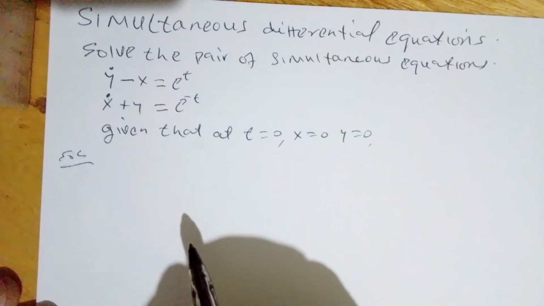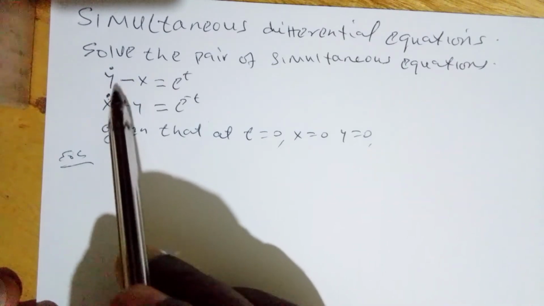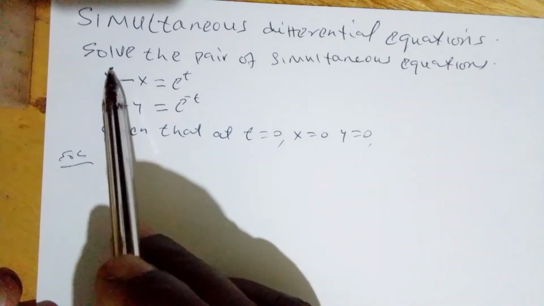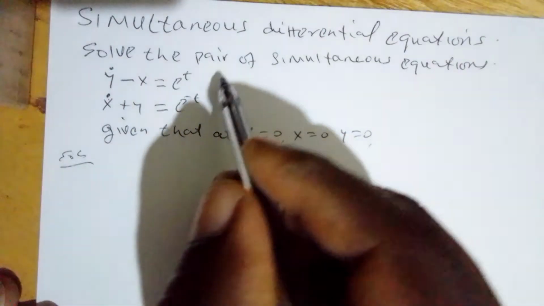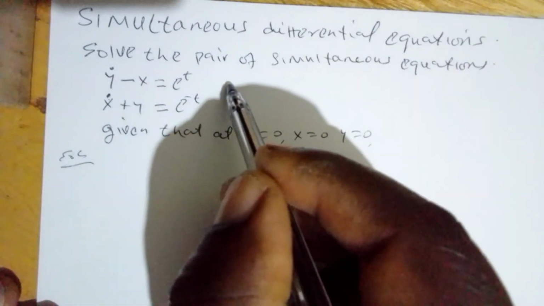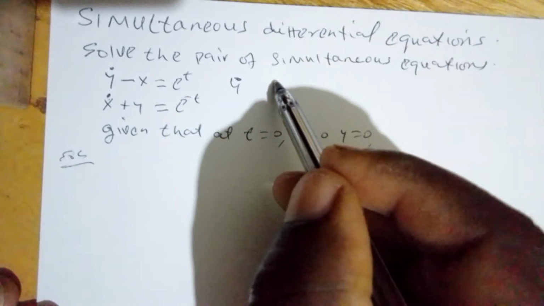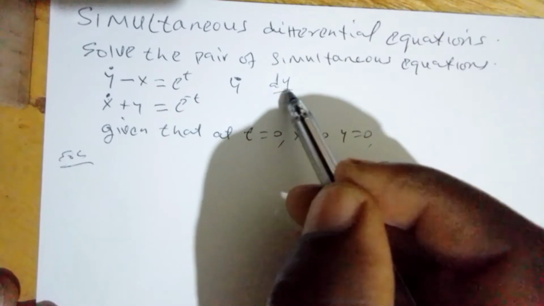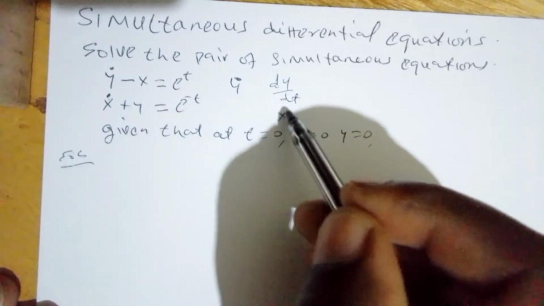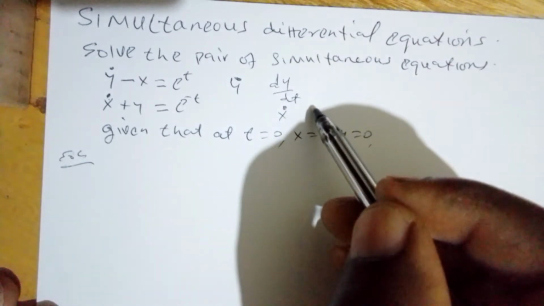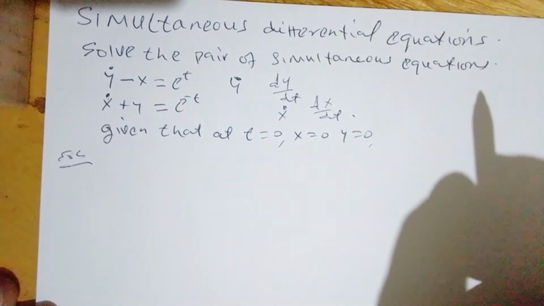First of all, we need to know that when you've been given equations like this, y dot, then we have x dot, y dot is the same as dy/dt, and x dot is the same as dx/dt.